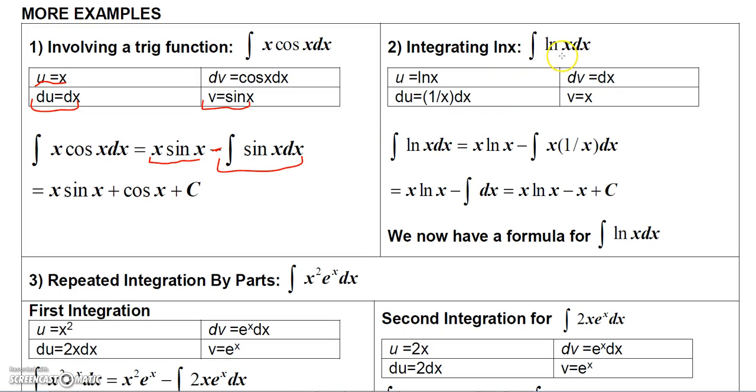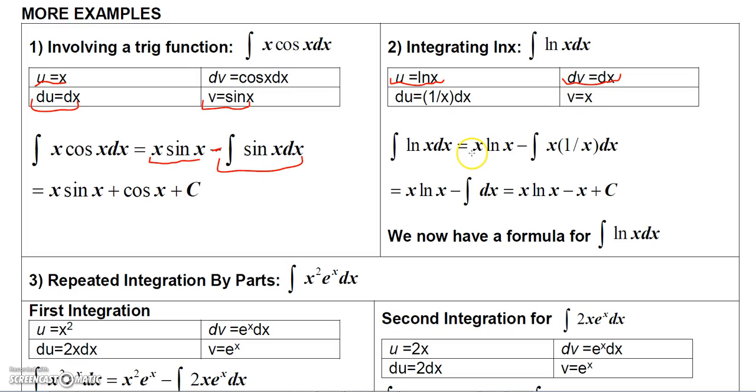Okay, now on this one, at first you might not think there's anything you can do here because all you see is natural log of x dx. But you could let u equal natural log of x, and then that way du would be 1 over x dx. And then you could just let dv be dx. And then when you integrate both sides, v would be x.